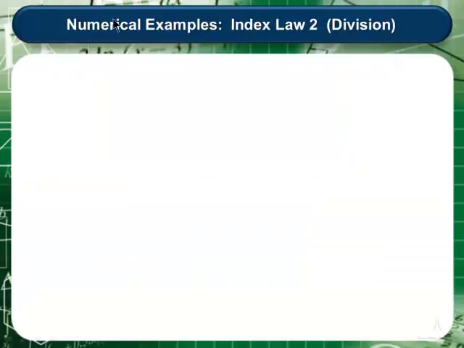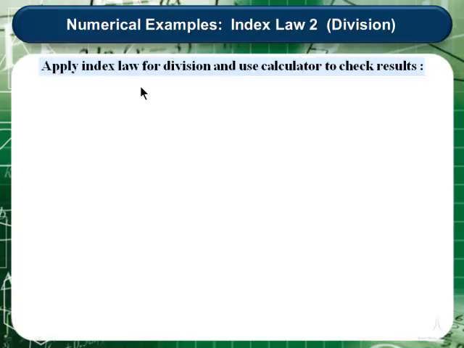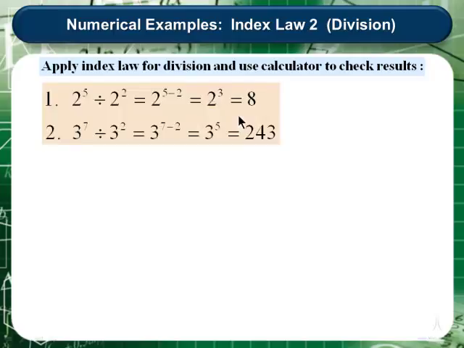Let us look at a few numerical examples where we apply the index law for division. You can, and I leave it for you, check some of these by means of your calculator.